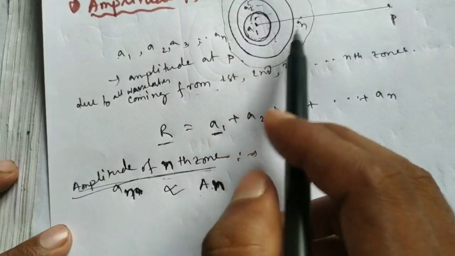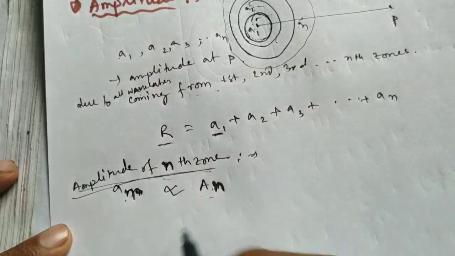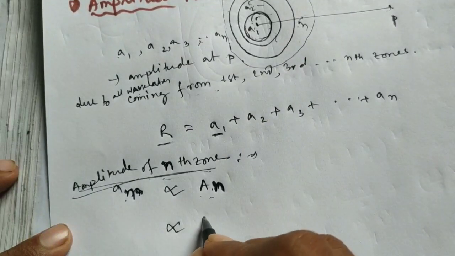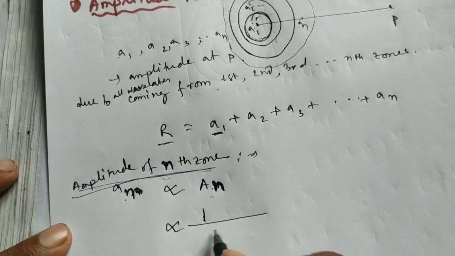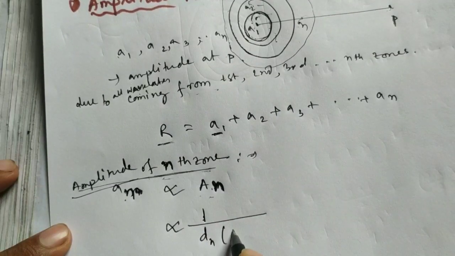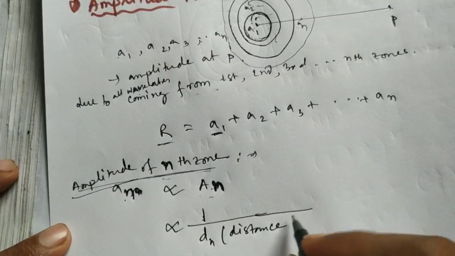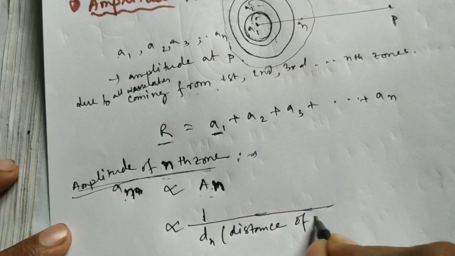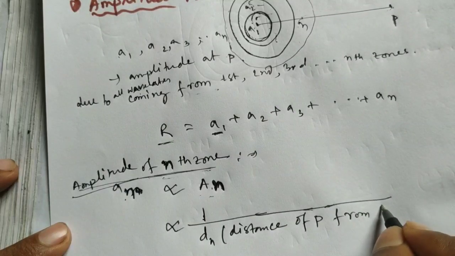This is the nth zone. The amplitude An depends on the area of the nth zone and also on the distance, 1 by dn, where dn is the distance of P from the nth zone.